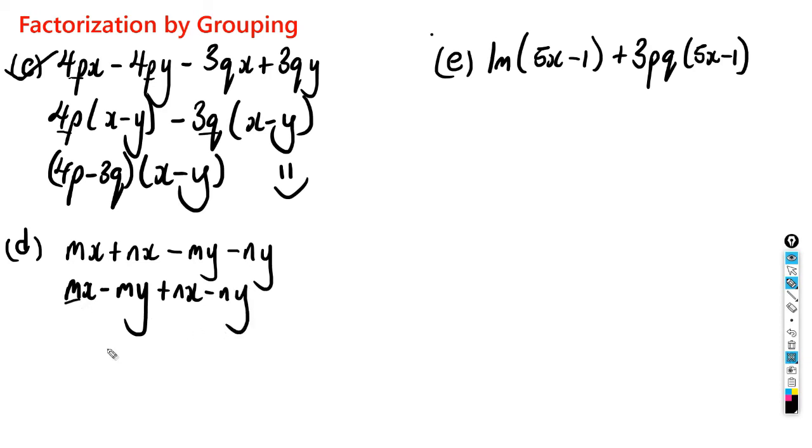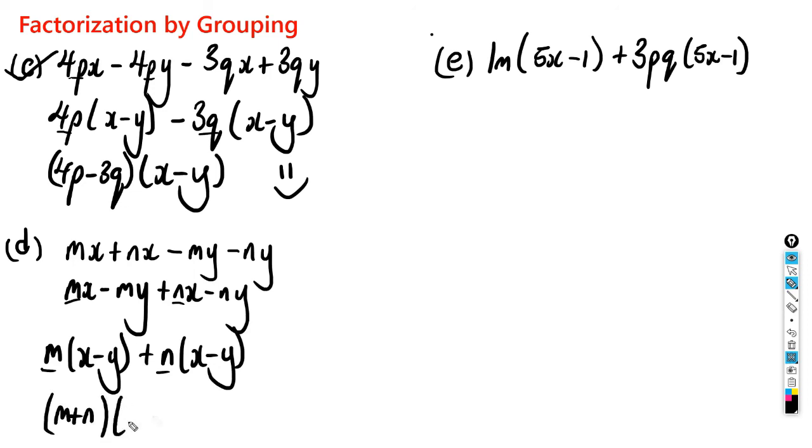If we factor out an m out of the mx minus my, we're going to get x minus y. And if we factor out an n here, we're going to get positive n times x minus y. And of course, we put the m plus n in brackets, m plus n multiplied by x minus y. And once again, we factorize by grouping.